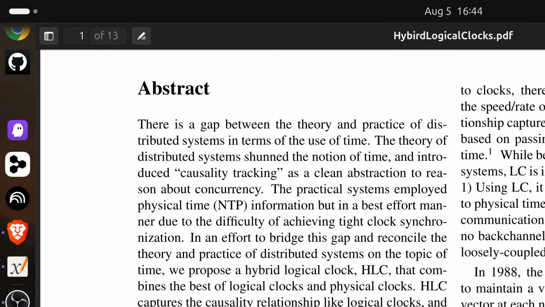Moreover, HLC fits in the 64-bit NTP timestamp format and is masking tolerant to NTP kinks and uncertainties.